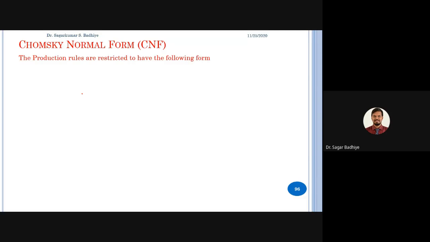So the first step, as we have already seen, is that a context-free grammar is said to be in CNF if the production rules are restricted to have the following form, the form that we have already discussed in the previous slide: a non-terminal A derives to two consecutive non-terminals B and C, or a non-terminal A derives to a single small a, that is a terminal, right?